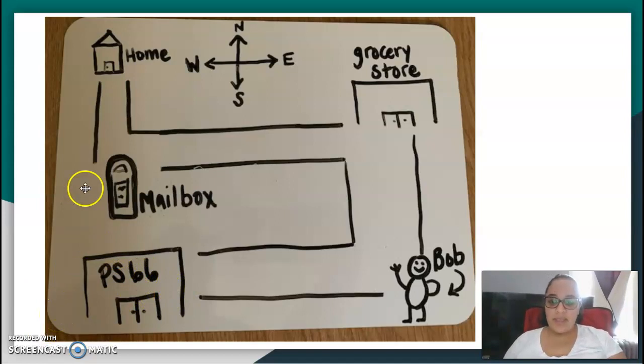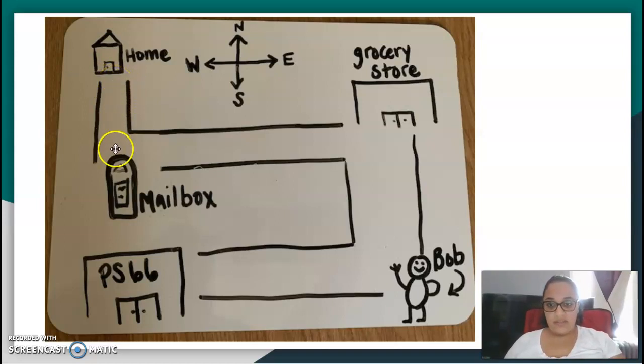So let's start from the beginning. Let's try this out. If I wanted to go from my home to my friend Bob, which directions would I tell myself to go? Let's think about this. You've got to use all cardinal directions to get there.